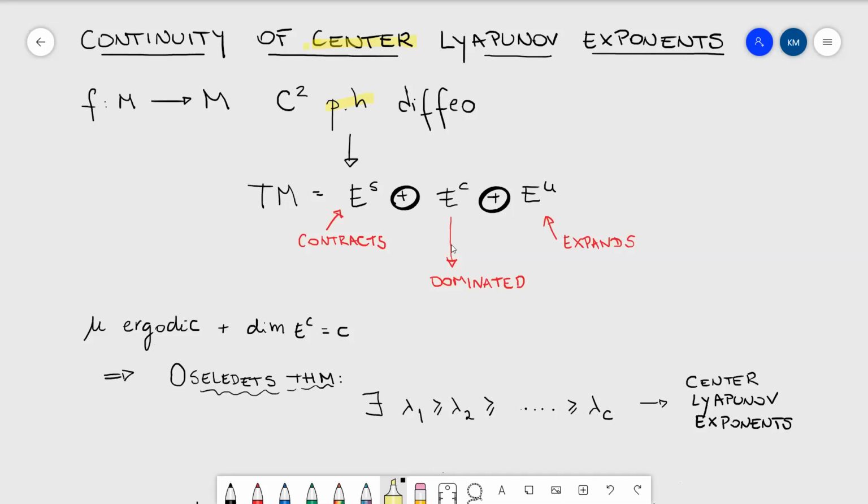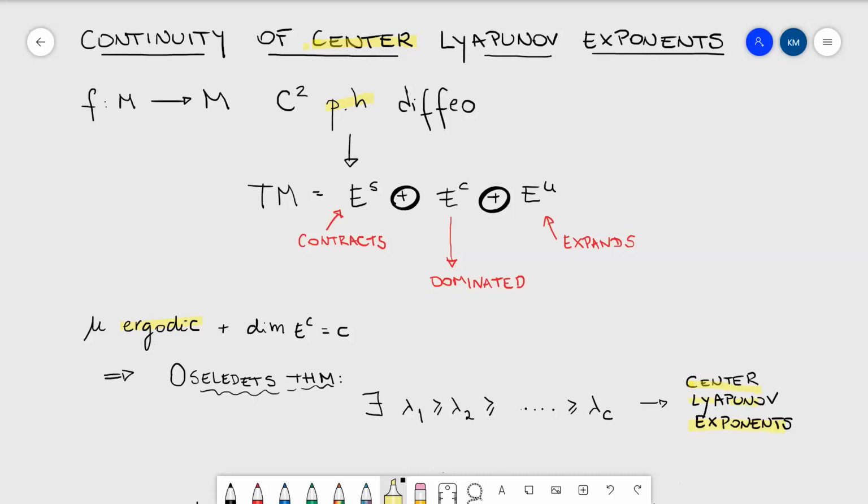So the tool that I'm going to use to study the dynamics of the center bundle is the Lyapunov exponent. So I'm going to fix an ergodic measure. And from now on, my measures are always going to be ergodic. If I forget to mention, the measure is always ergodic. And here I'm denoting by c the dimension of the center bundle. And what Oseledets' theorem says is that I have c numbers that I'm denoting this way, which I call center Lyapunov exponents.